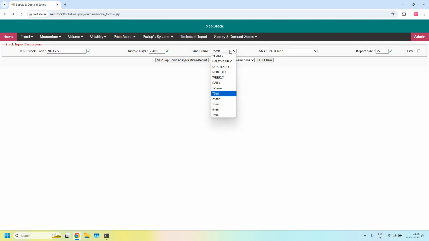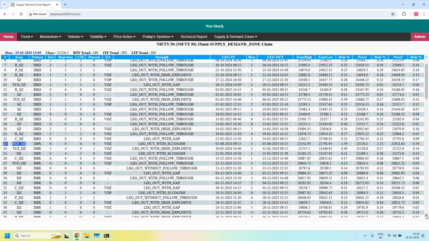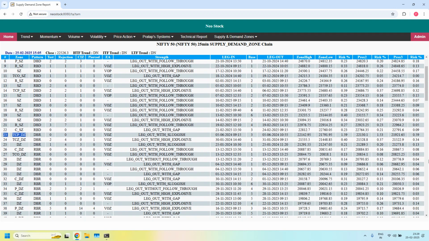Next, 25-minute supply demand zone chain for Nifty. 23 is the nearest demand zone to the current closing price. Let me put it in the center.